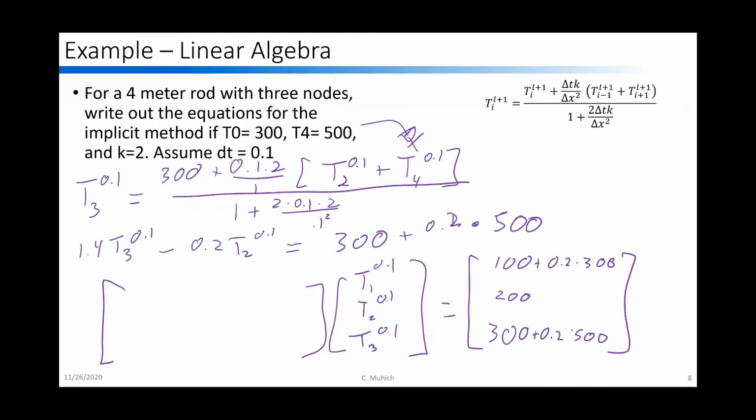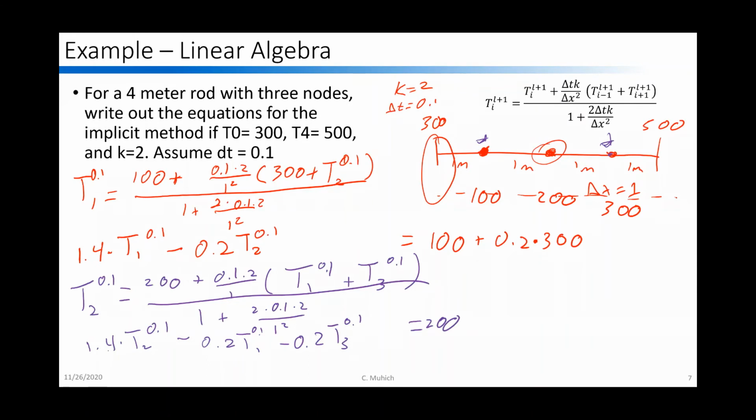Okay, and so then we just need to fill in the front matrix. There's no T1s for this first case, so we put in a 0. We have a negative 0.2 for T2, and then a 1.4 for T3. Now we can go back and see what we had for T2.